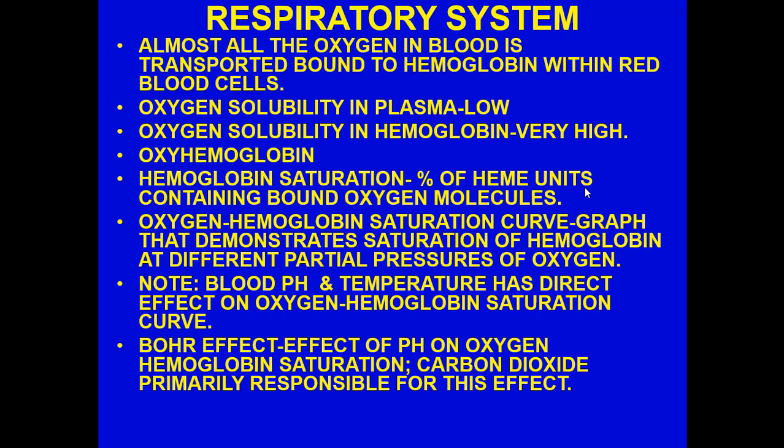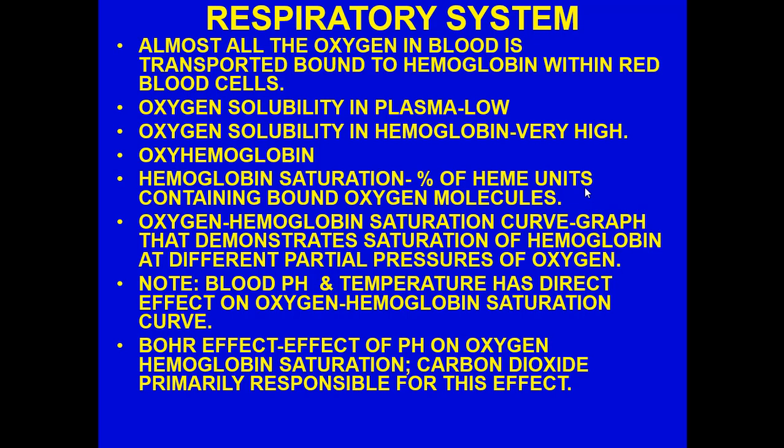That's where we get into what we call oxyhemoglobin. Hemoglobin saturation is the percentage of heme units containing bound oxygen molecules. When we talk about the oxygen-hemoglobin saturation curve, this is the graph that demonstrates the saturation of hemoglobin at different partial pressures of oxygen.